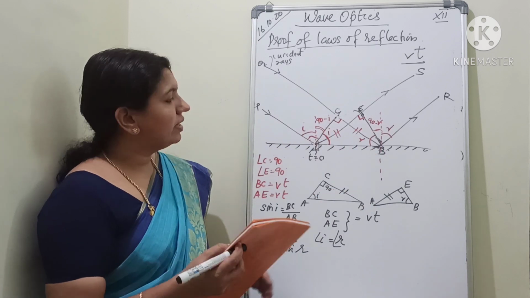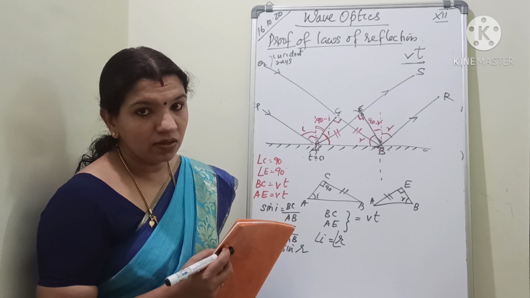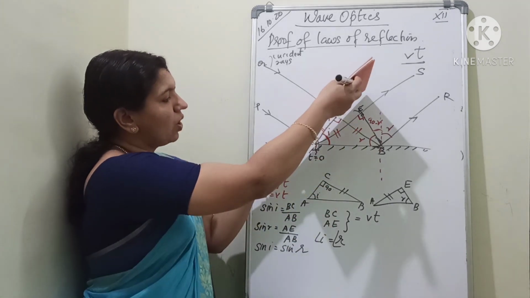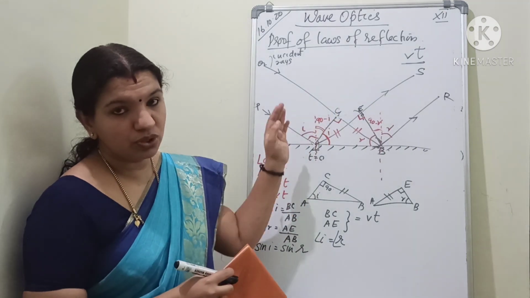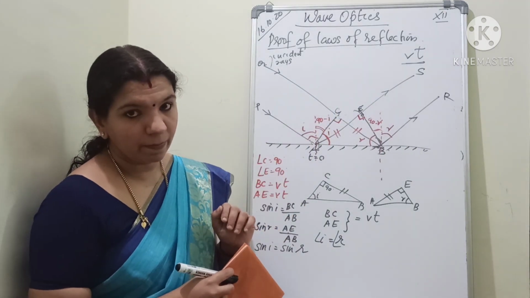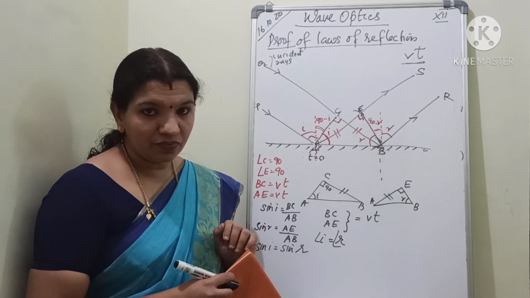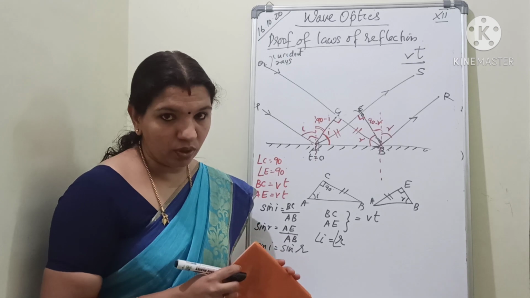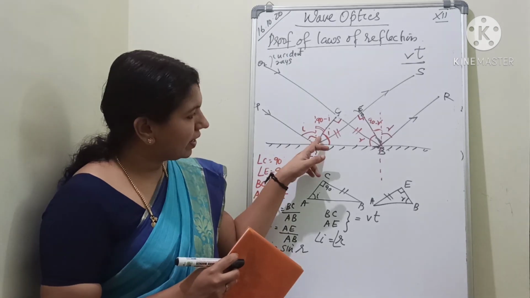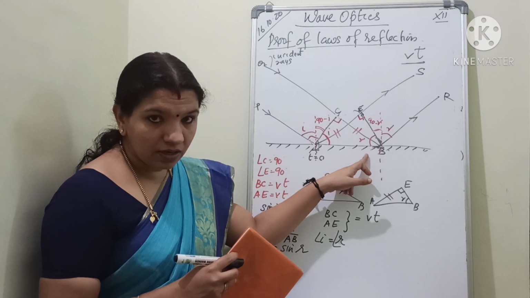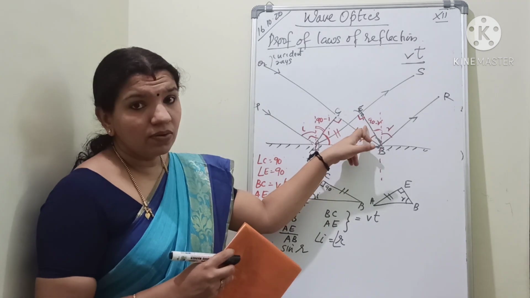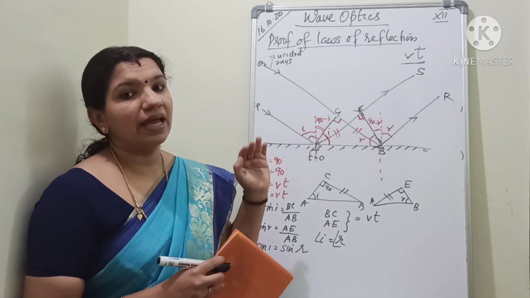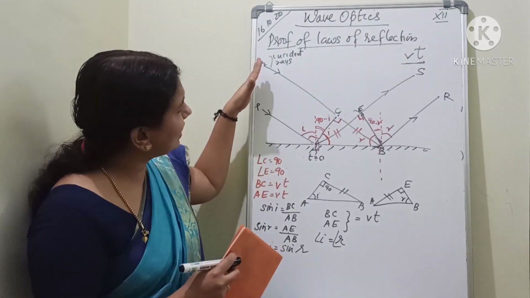Then what about the incident wavefront? The incident wavefront is actually like this, right? Again, this is also perpendicular to the plane of the board. What about the reflected wavefront? That is also perpendicular to the plane of the board, isn't it? So the incident wavefront, the surface and also the reflected wavefront are perpendicular to the plane of the board or plane of the paper. Now what about the incident ray?